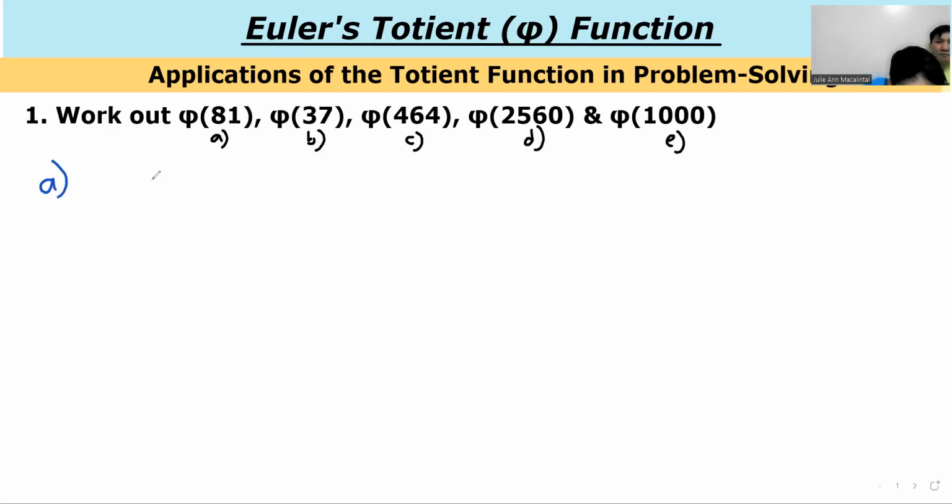For A, phi of 81. So 81 is equal to 3 to the power 4. What's the formula?